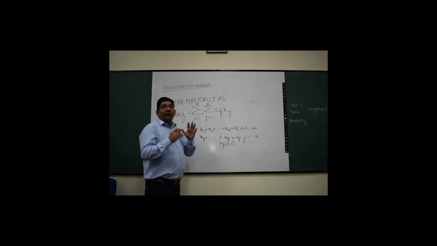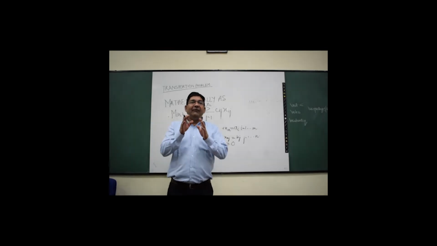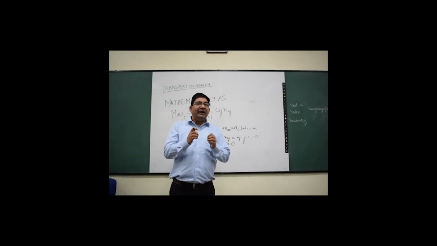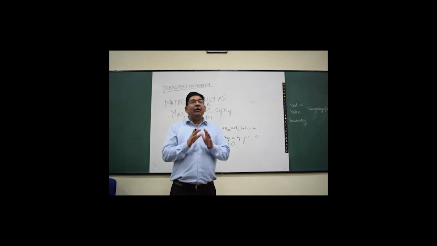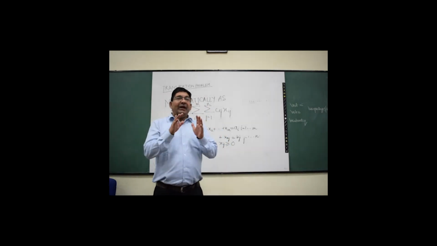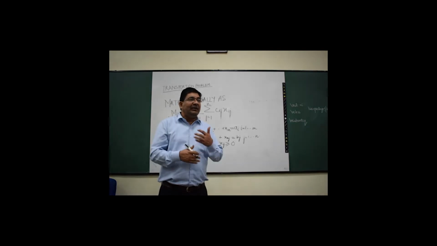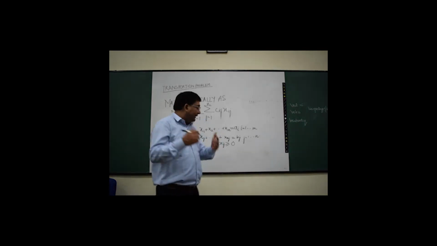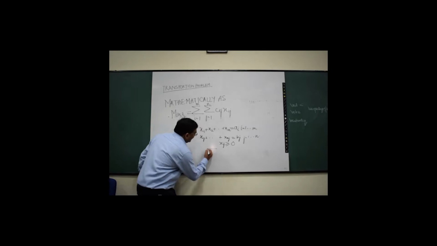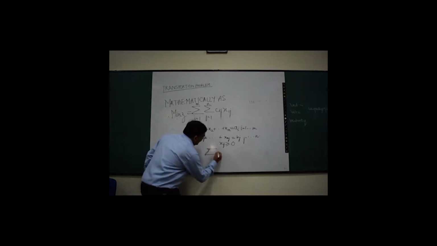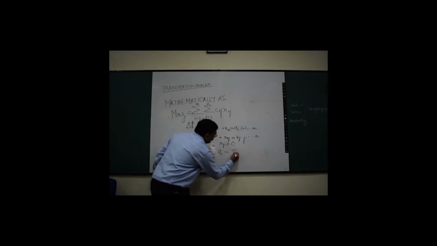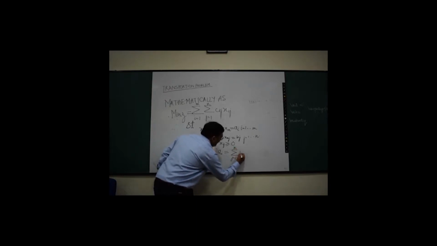And one condition which we have to check at the beginning of solving a transportation problem is very important. Whenever we solve a transportation problem, we have to verify whether the given condition is satisfied or not. That condition is that the summation of ai, i from 1 to m, should always be equal to the summation of bj, j from 1 to n.